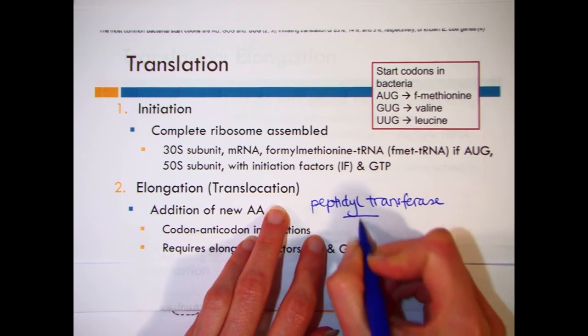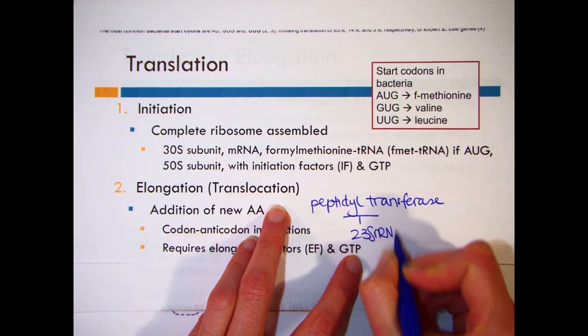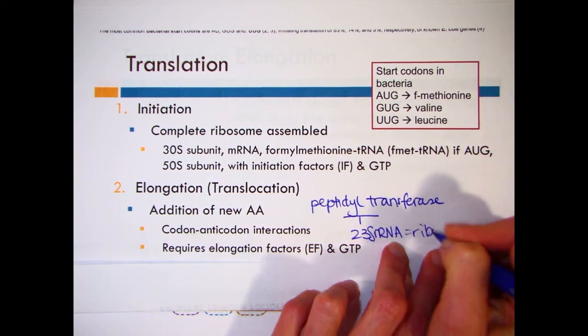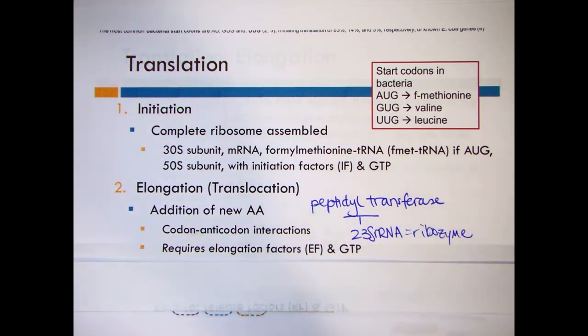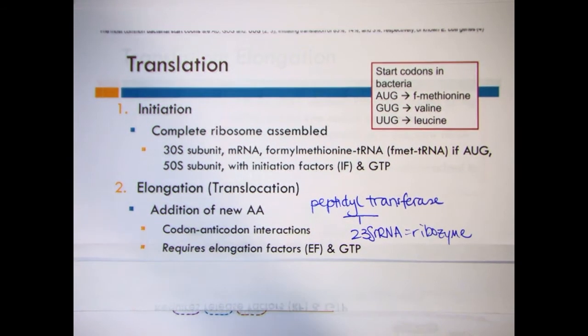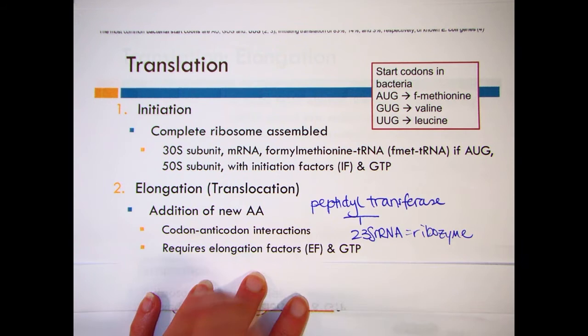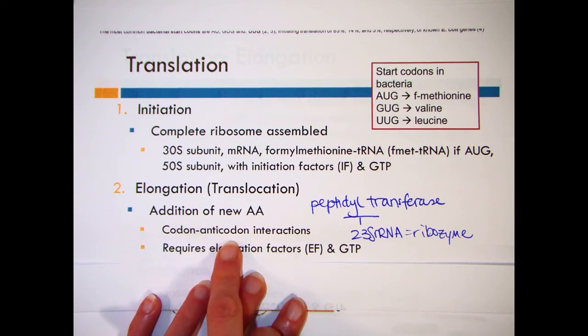This peptidyl transferase reaction is catalyzed by the 23S ribosomal RNA, which is a ribozyme. And again, just as a reminder, this requires elongation factors and GTP and depends on the correct match of the 3 bases in the mRNA called the codon and the 3 bases in the tRNA called the anticodon.